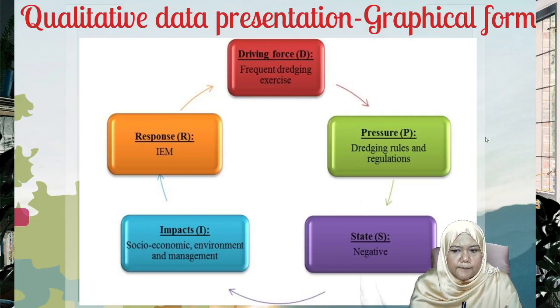I have a flow chart that starts from driving force, the frequent dredging exercise, that creates pressure, to the dredging rules and regulations, which is in a negative state, that causes impacts on socio-economic, environment and management, and the response should be using integrated environmental management.